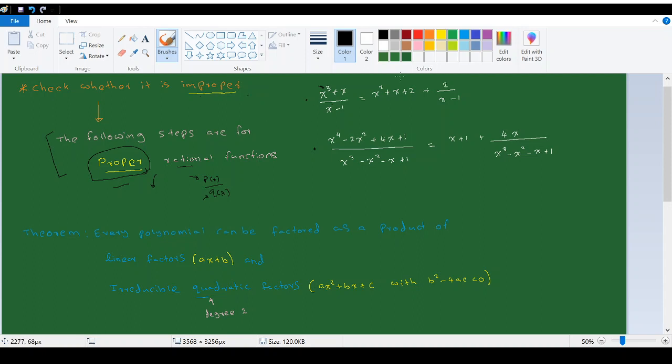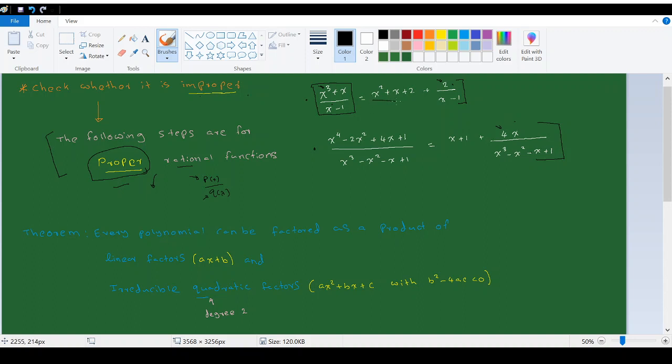For improper rational functions also, once we do the long division, it will give you proper rational functions. See, in both these cases, the degree of the numerator is less than the degree of the denominator.